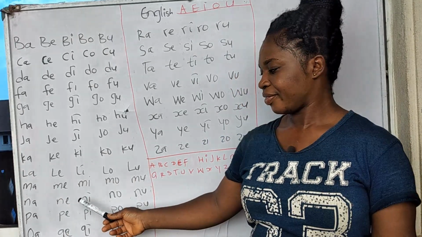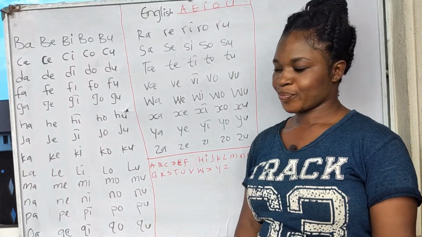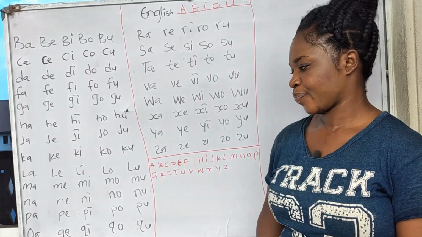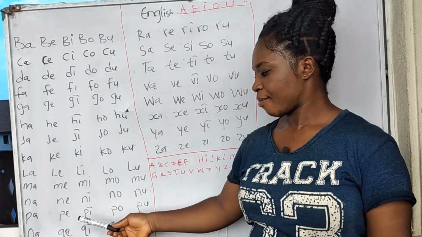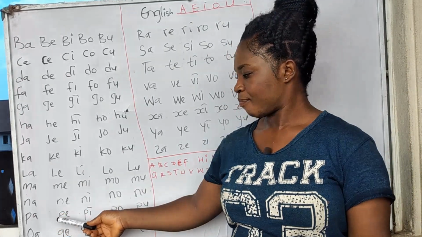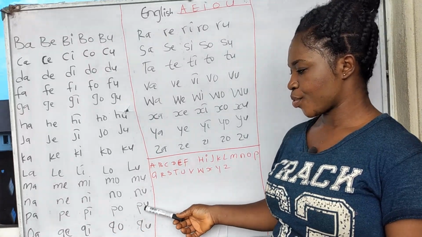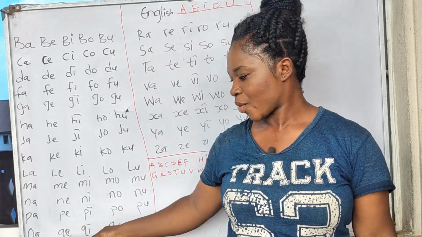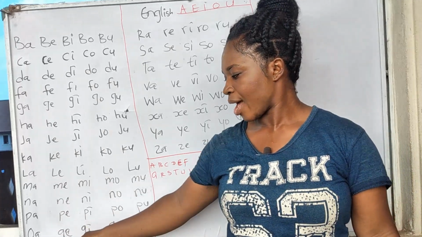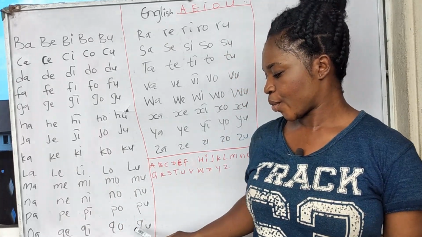Na, ne, ni, no, nu. Na, ne, ni, no, nu. Pa, pe, pi, po, pu. Pa, pe, pi, po, pu. Kwa, kwe, kwi, wo, hu. Kwa, kwe, kwi, wo, hu.